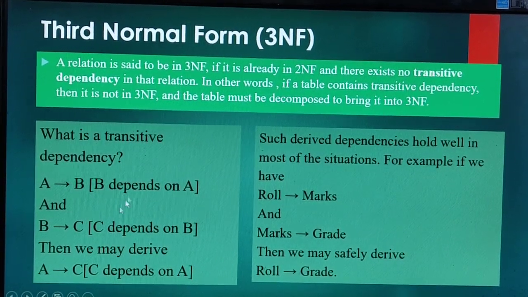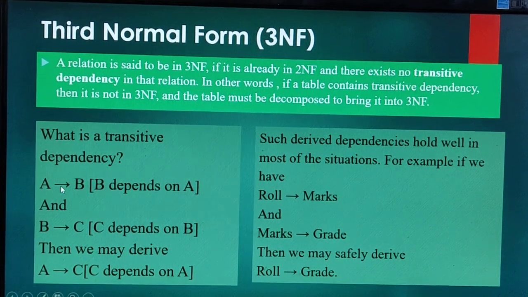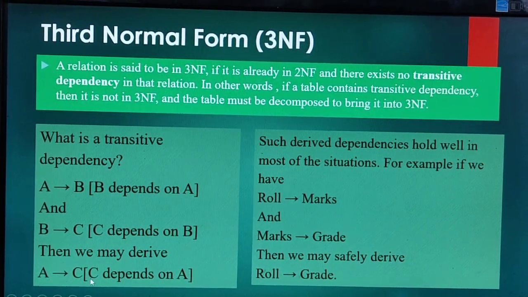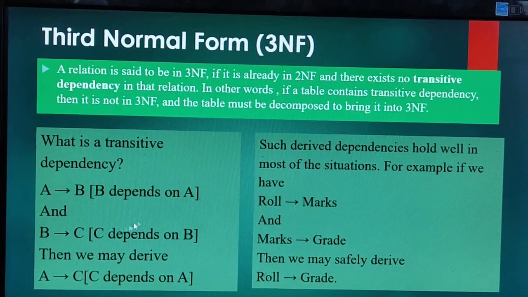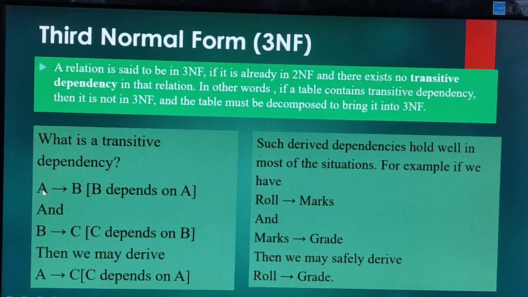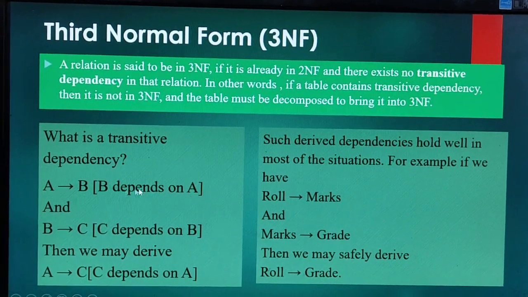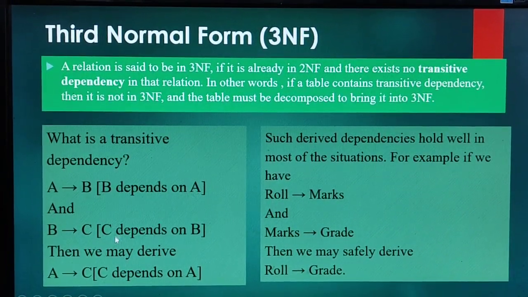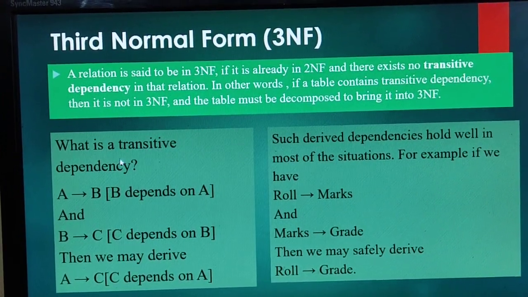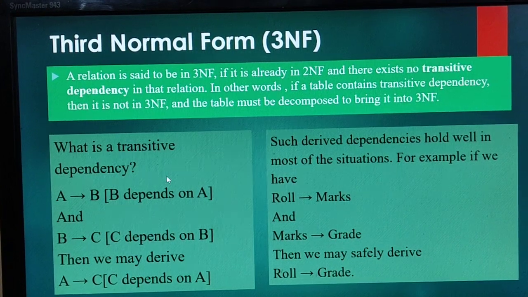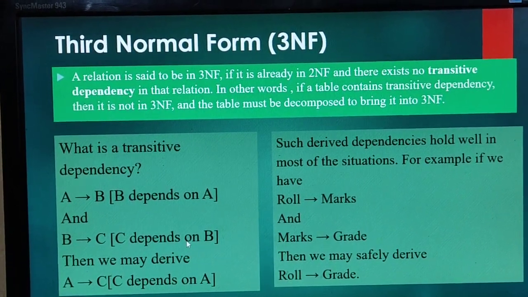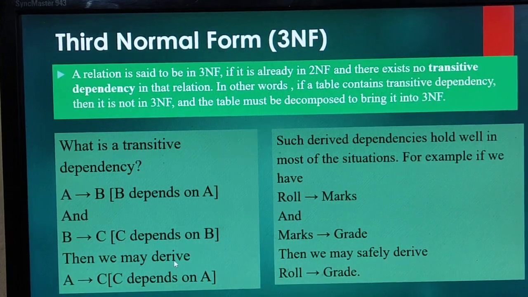We are deriving it out of two dependencies: one is A to B and second is B to C. Then we can conclude A to C. So when we take A to B, that is B is dependent on A, and B to C, C is dependent on B, it establishes a triangular dependency form. That's why we call it a transitive dependency, or three-way dependency.